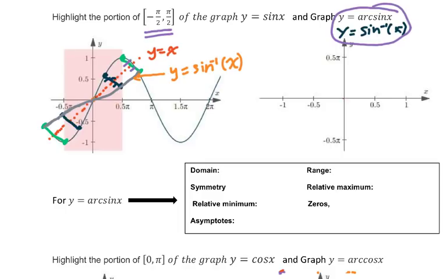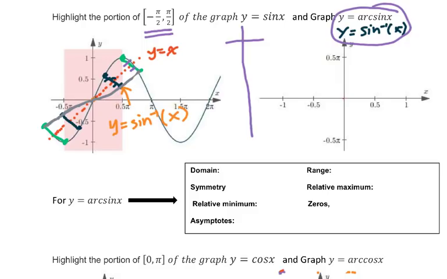Also, we can switch x and y, and then sketch the inverse function. Let's make a table. We have x, y. 0, 0.